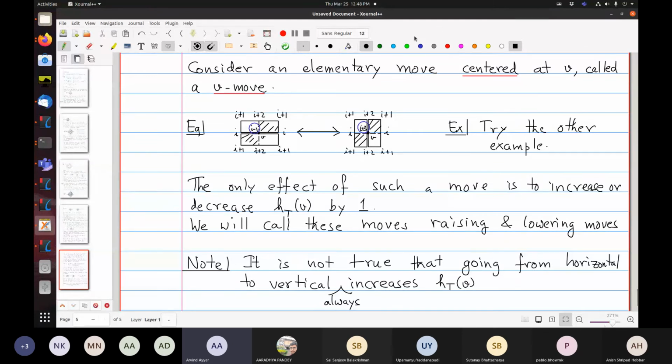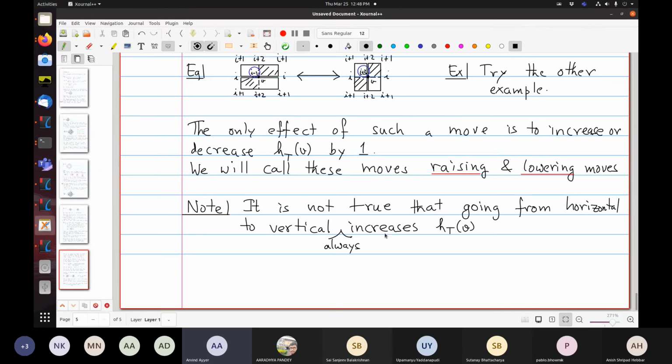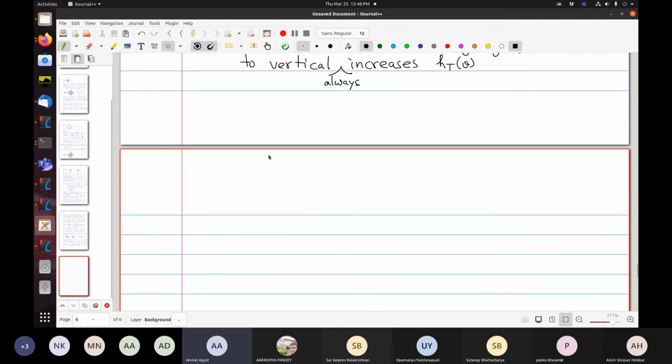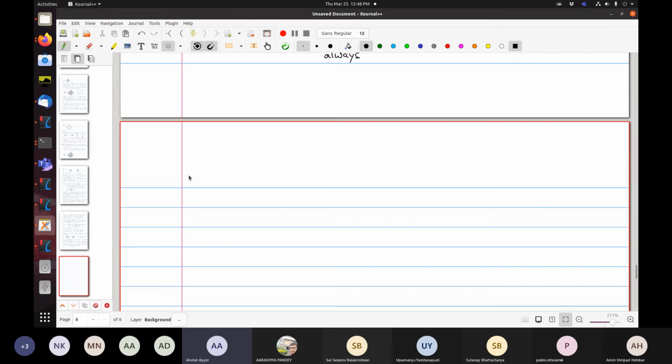So these elementary moves which raise or lower the heights, we will call a move raising if it increases the height, and lowering otherwise. Okay, so now I can define the other notion of rank. So we will define a new notion of rank, and we will show that these two are equivalent.